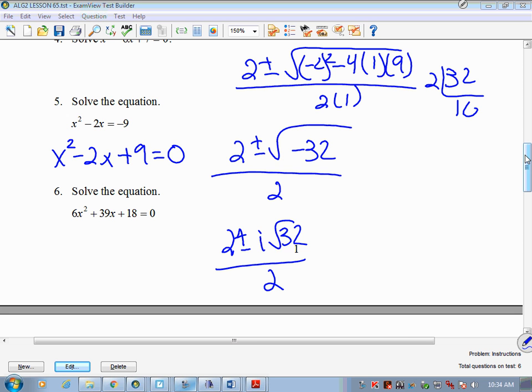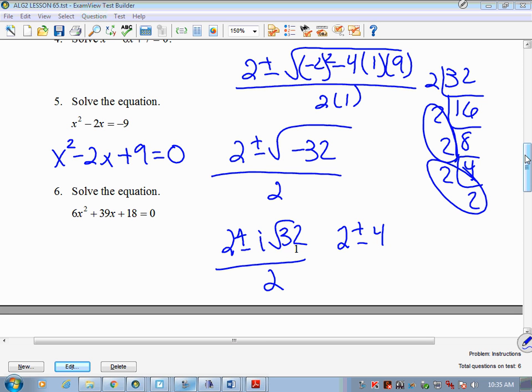That's 2 and 16, 2 and 8, 2 and 4, 2 and 2. So that's going to be 2 plus or minus 4i radical 2 over 2. So we get 1 plus or minus 2i radical 2.